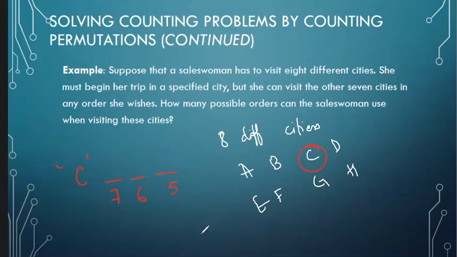So similarly, in this way, we will have 7 into 6 into 5 into 4 into 3 into 2 into 1. Okay, so basically if she has chosen 1 city and she has the different options of 7 cities, it will be equivalent to 7 factorial.